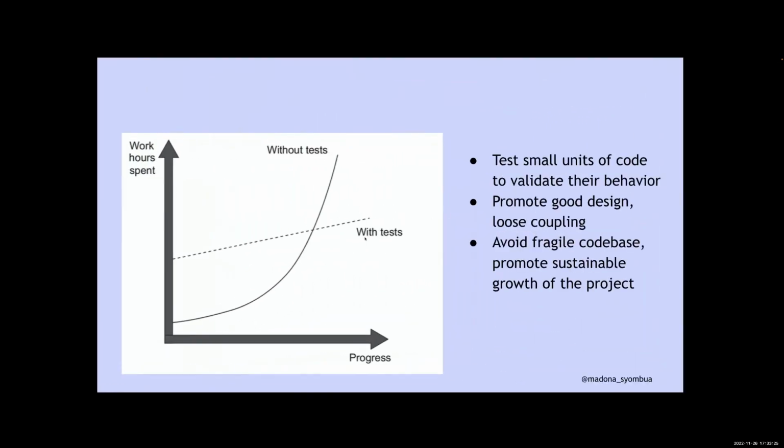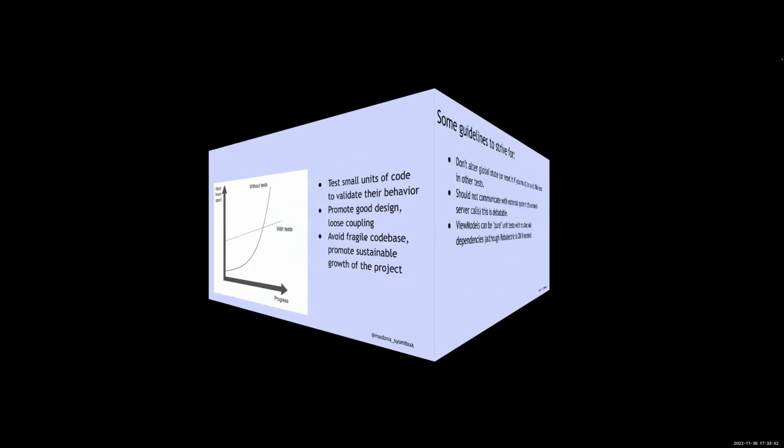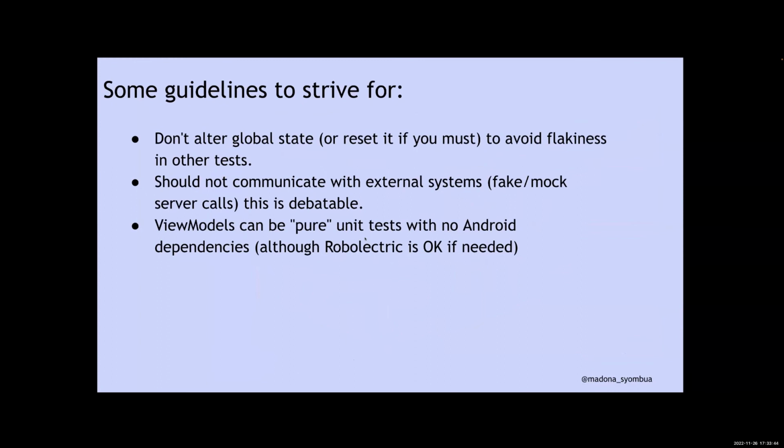Unit testing tests small units of your code to validate their behavior, promotes good loose coupling, which is important because when code is highly coupled, it's very hard to test, and avoids a fragile code base to promote sustainable growth. I know this one here was a bit controversial, where I talk about not altering global state and not communicating with external systems, such as fake mocks. That one is also very debatable.